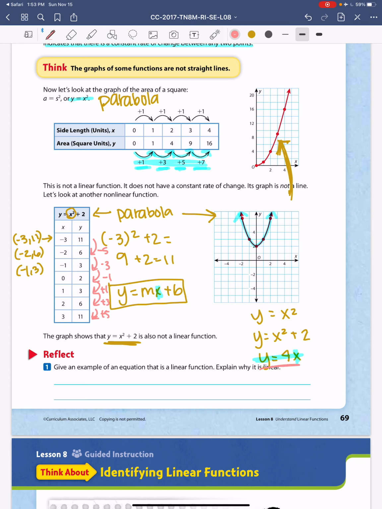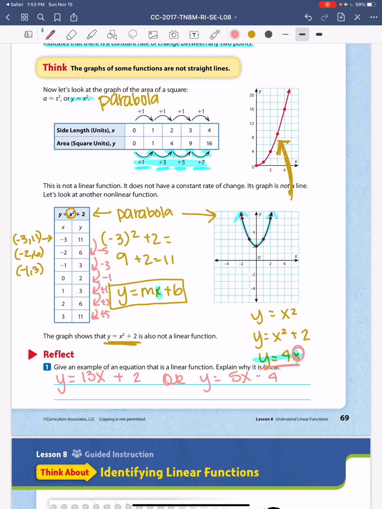So the way that you know it's going to be a linear function is if your x value is not raised to any other power. So an example is going to be like you could say y equals maybe 13x plus 2, something like that. Or y equals 5x minus 4.